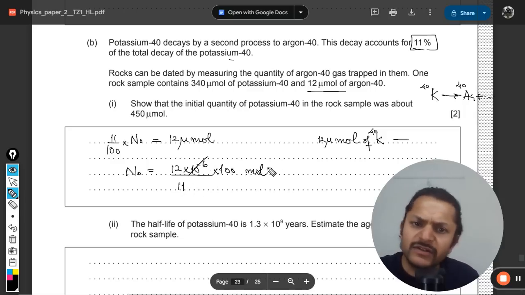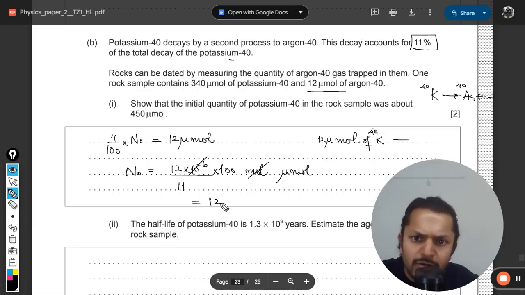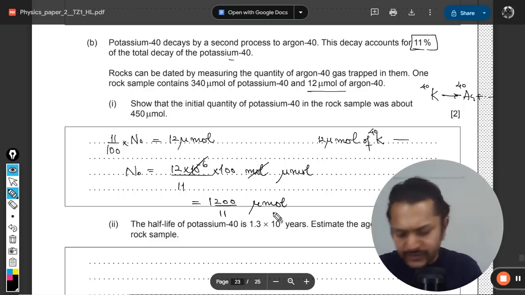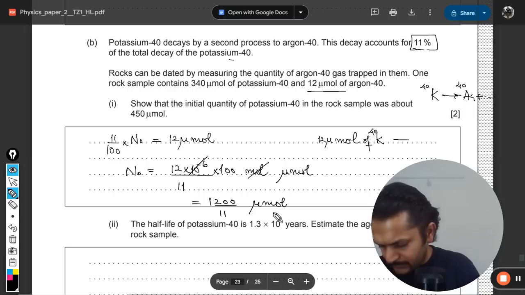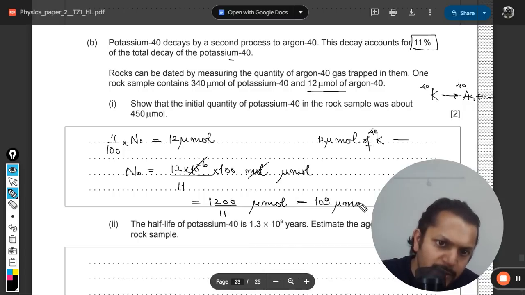So we can keep our answer in micromole, so I'm not taking micro there. Accordingly, that will come out to be 1200 divided by 11 micromole, and we need to find the answer for this. So this is coming out to be 109 micromole.